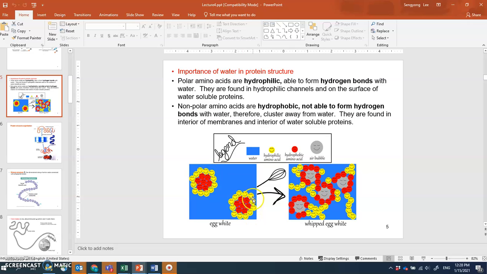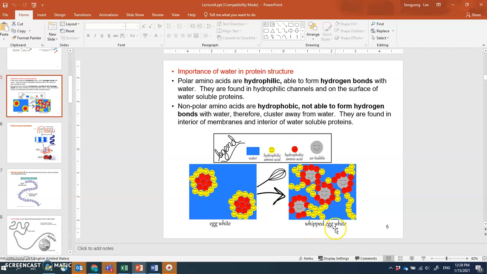Okay, and then because there are tons of water molecules out there, take egg white, and if you whip it, by beating up the structure, then what happens? This structure will be disturbed, and maybe some hydrophobic amino acids will be exposed. Then what happens?